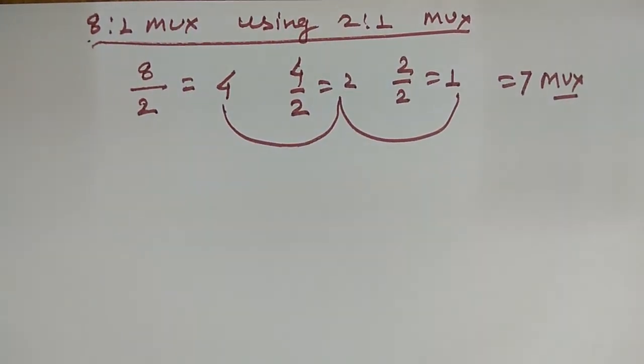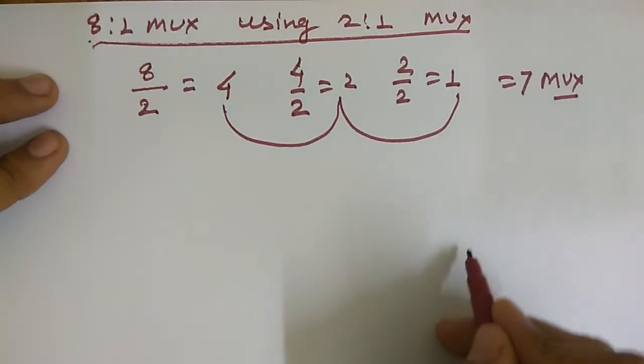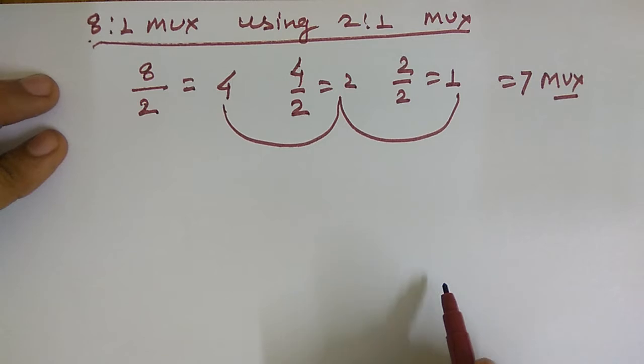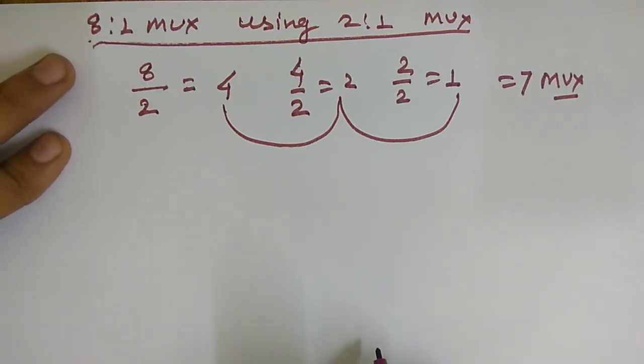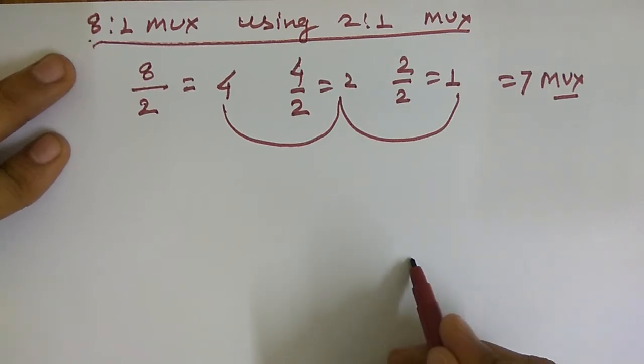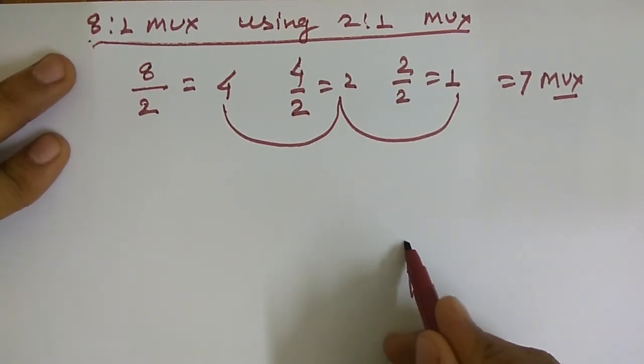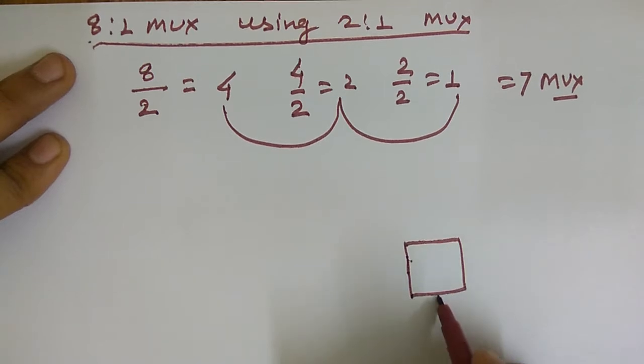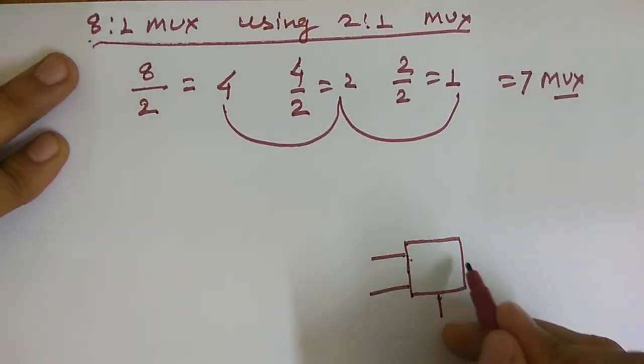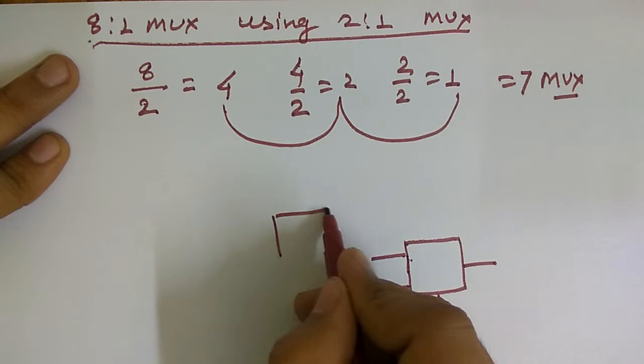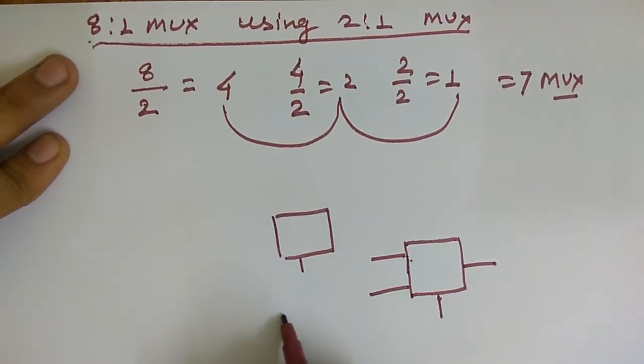As we know that 2 raised to 3 is 8, the number of select lines will be 3. We have to keep in mind that when implementing the higher order mux using lower order mux, the rightmost will be the MSB, and then you would have another 2 mux, because we have only 2 inputs for this one.